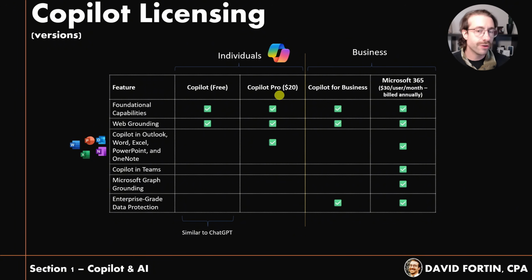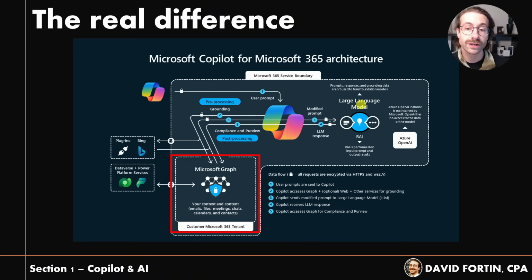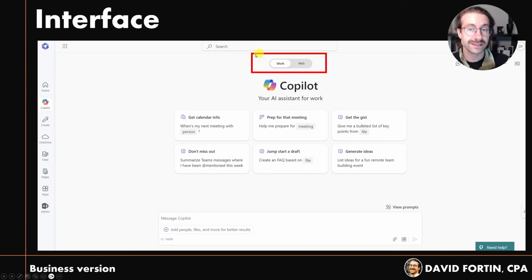I don't know if we care, maybe it's for solopreneurs or stuff like that, but where we really care is Copilot for business here at the right, okay? If you have a business email and you log into copilot.microsoft.com with your business email, it's going to look like that, except that you won't have these two tabs at the top, right?